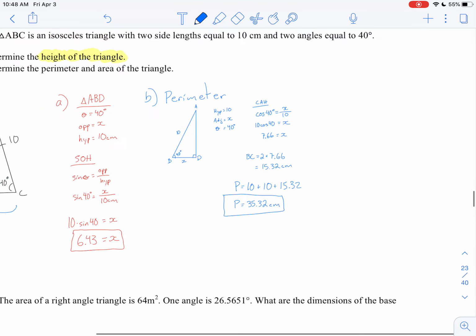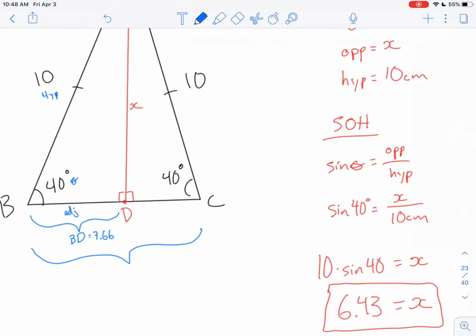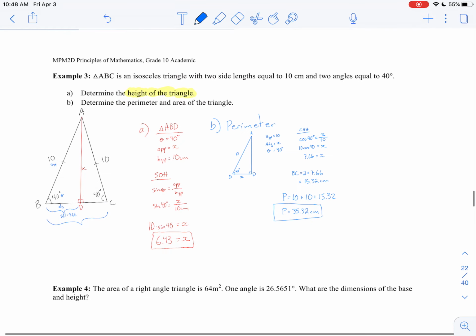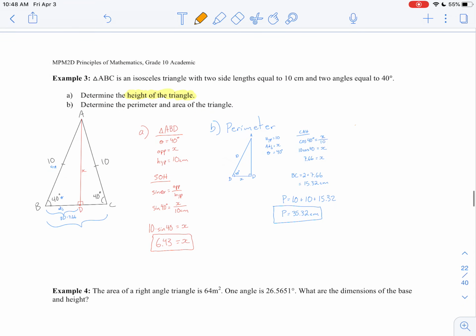Perimeter is relatively straightforward, just adding up the 3 outside sides, and we found that third side by finding just BD and then doubling it to get that full side of BC. Relatively straightforward. Once again, questions on that, come to office hours or ask your teacher.